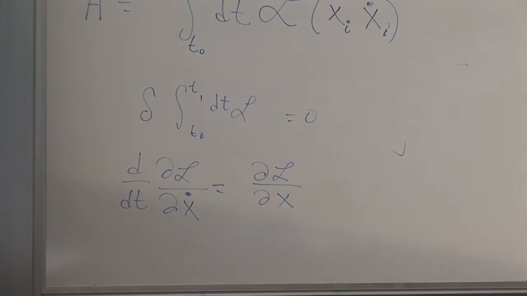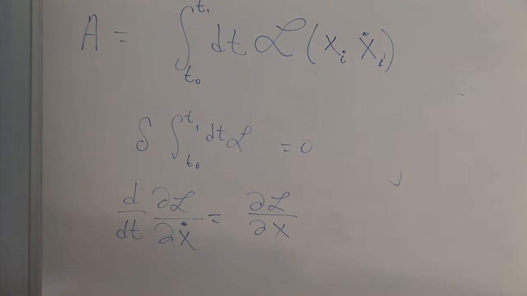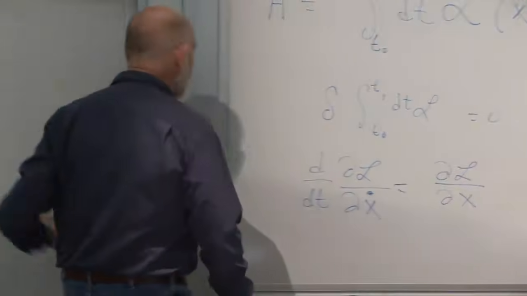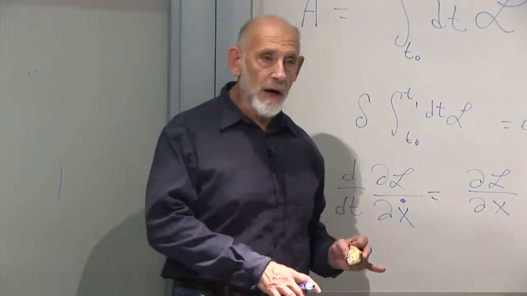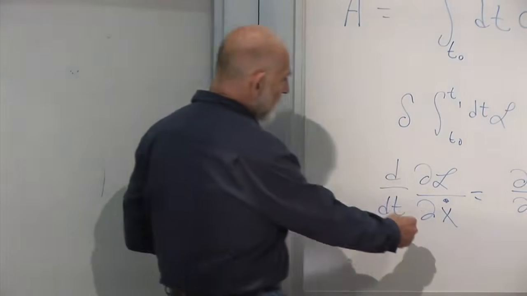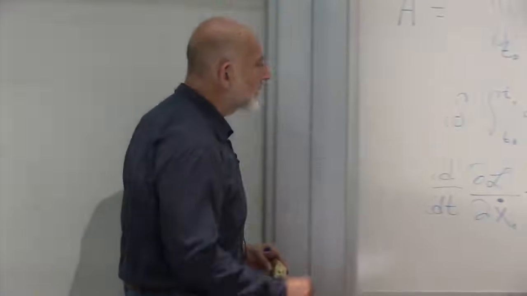If you go through exactly the same exercise, you can try it out yourself, you find out that at each point of time, at each interval, there's a separate equation for each coordinate. You want to minimize the action with respect to each coordinate. All right? And so all that happens is you have a separate equation for each i.